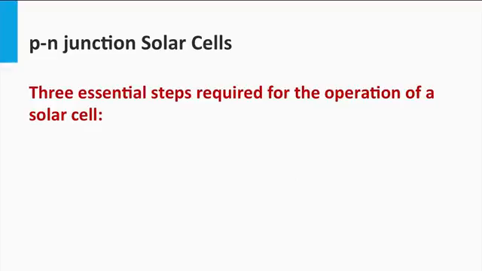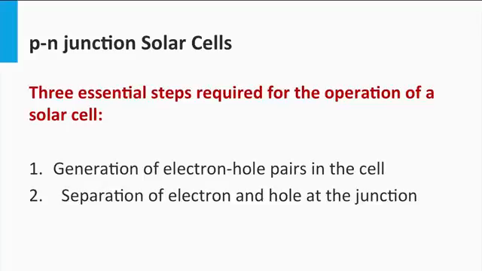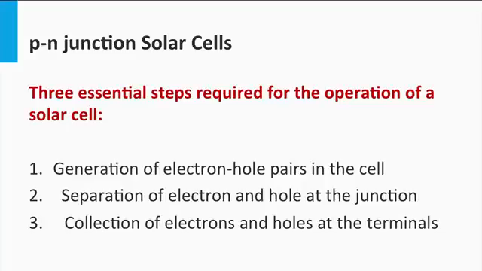Summarized, by illuminating a p-n junction, we can generate under closed circuit conditions a current and under open circuit conditions a voltage. So the p-n junction is a device which facilitates the photovoltaic effect. As discussed in the first week, the photovoltaic effect has three essential steps: generation of electron-hole pairs due to light absorption, separation of electrons and holes, collection of electrons and holes at the contacts.